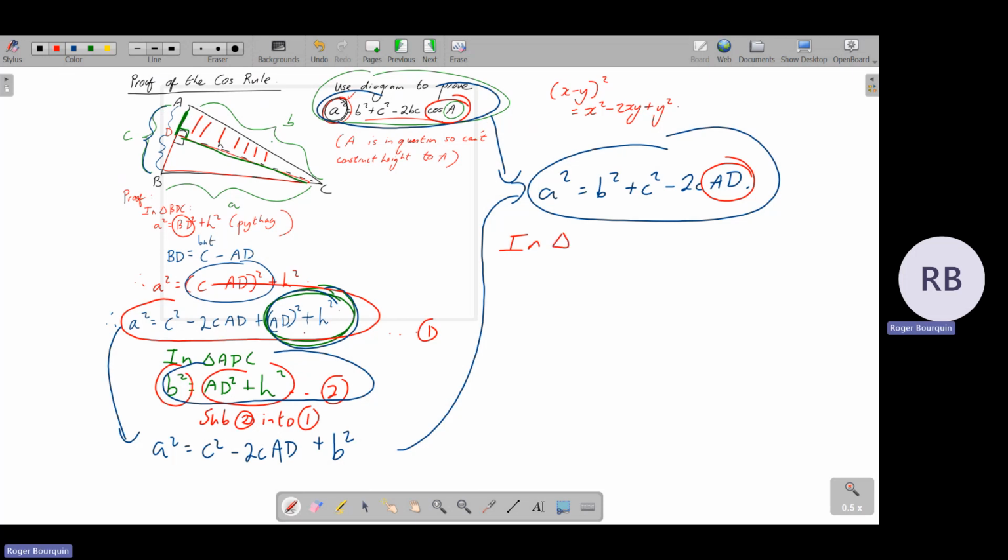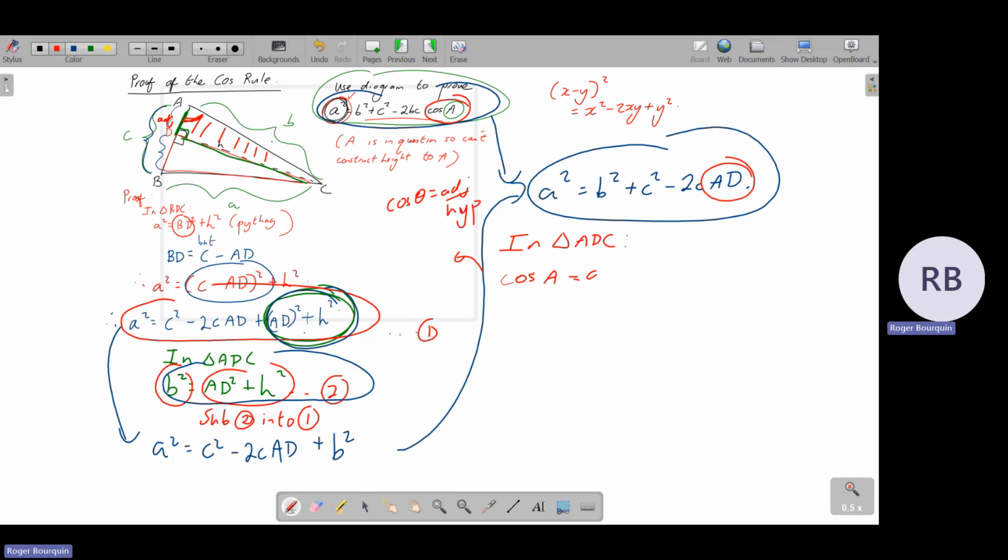So in triangle ABC, SOHCAHTOA, cos is equal to adjacent over hypotenuse. So cos of angle A is going to be equal to, well, here's angle A. The adjacent side, AD, is your adjacent.